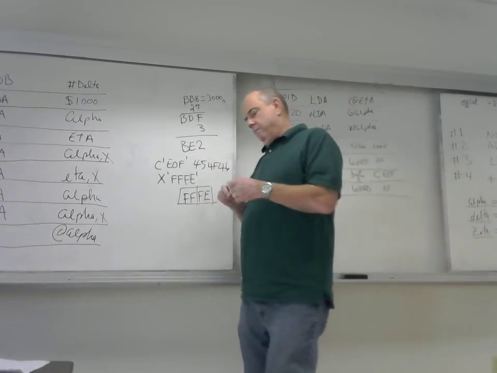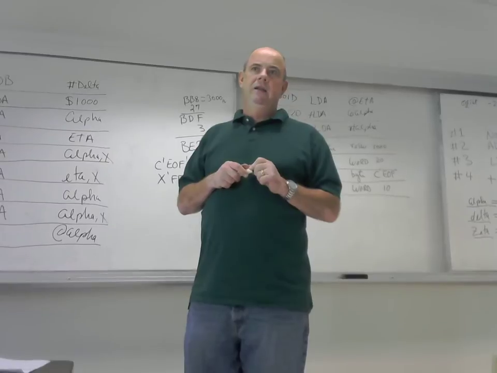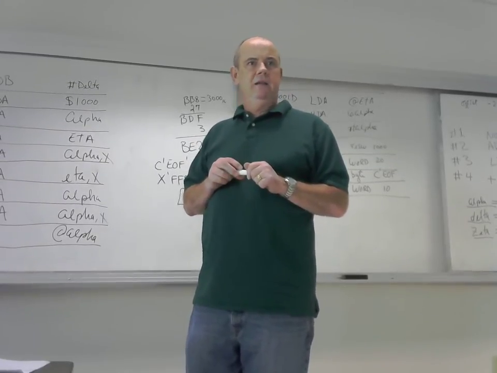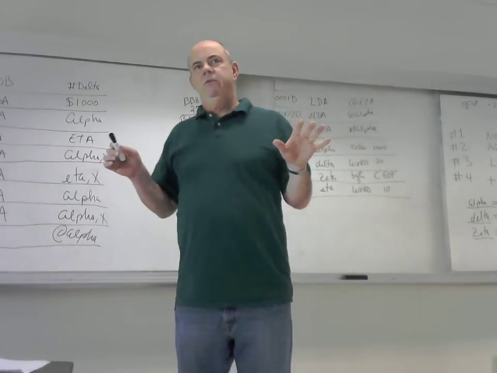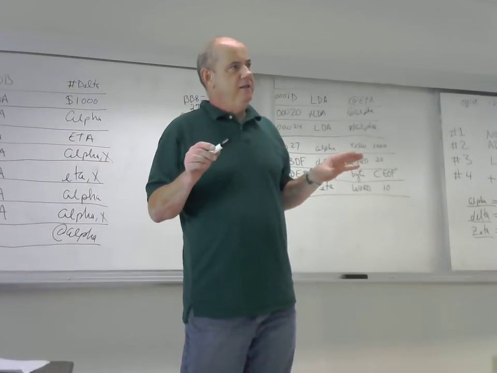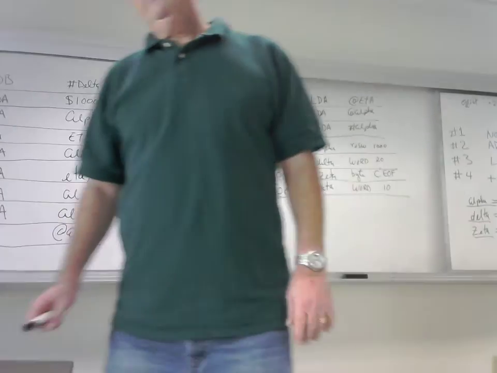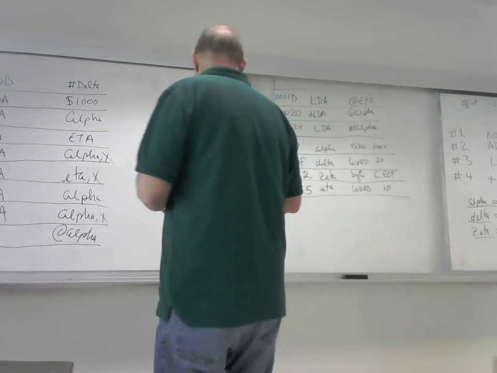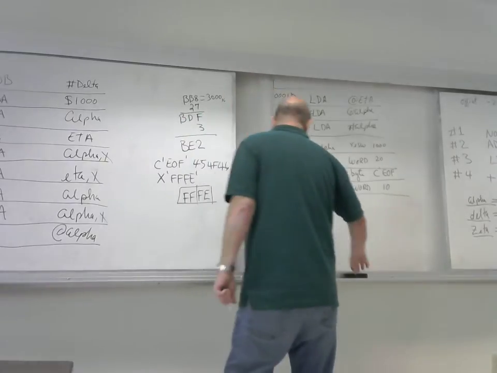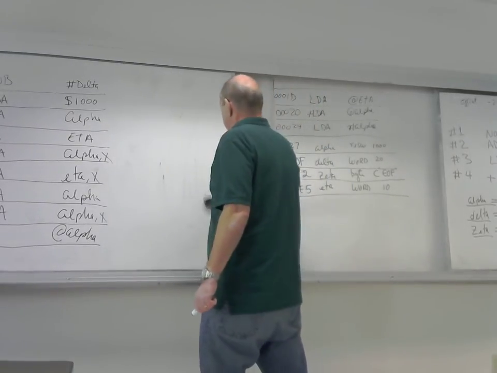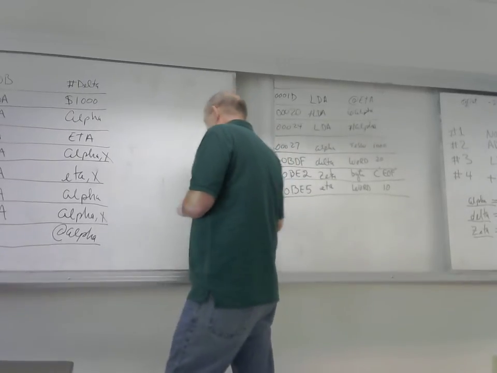How many bits are in a byte? Everybody familiar with this? 8 bits in a byte. Okay. So, if we have an 8-bit byte, let's just make one up here.